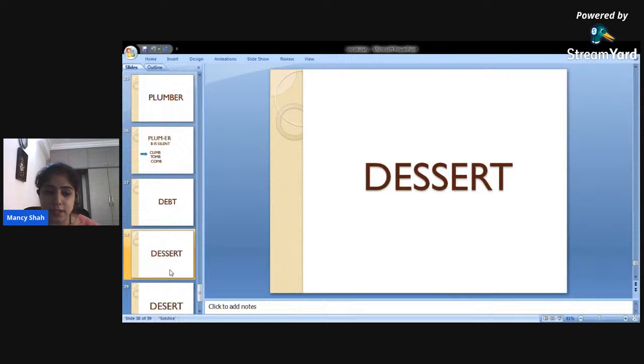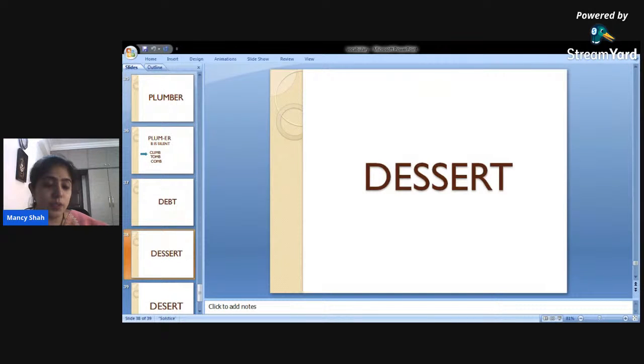Now this one, my favorite: dessert and desert. Two different words. Here we are stressing on the double S in dessert, which you have to pronounce as a double Z. My favorite dessert is gulab jamun with ice cream.